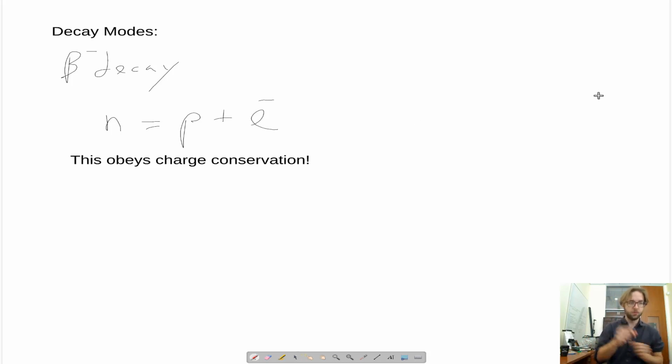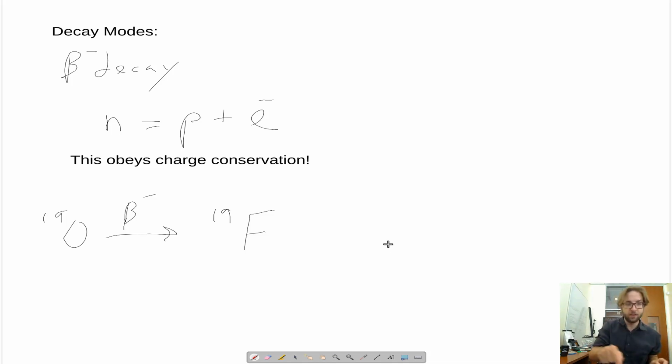For example, we'd write something like this. Say we have oxygen-19, and this undergoes beta-minus decay. On the right-hand side of this reaction, we get fluorine-19, F-19.